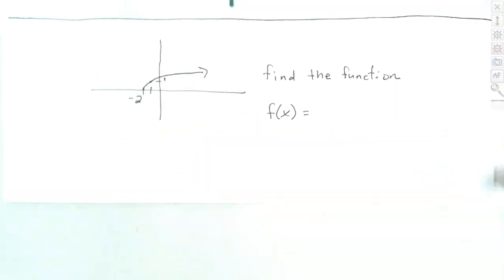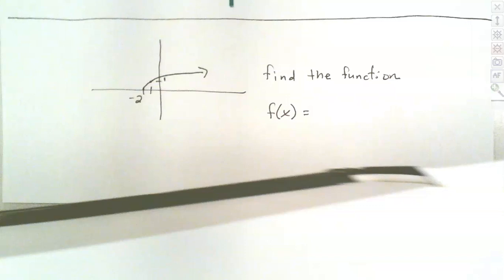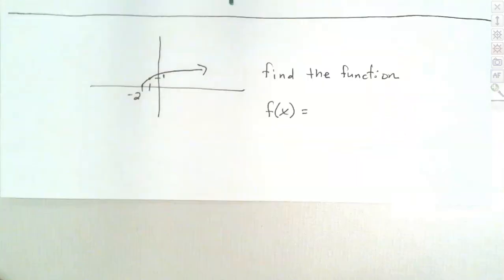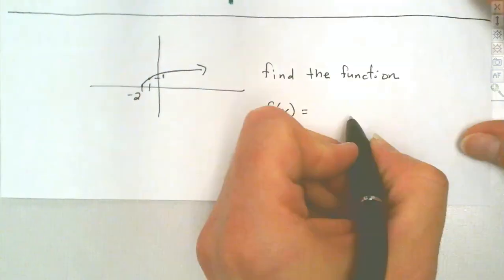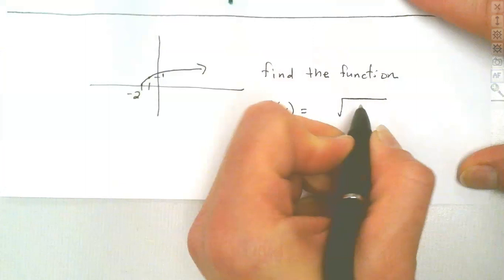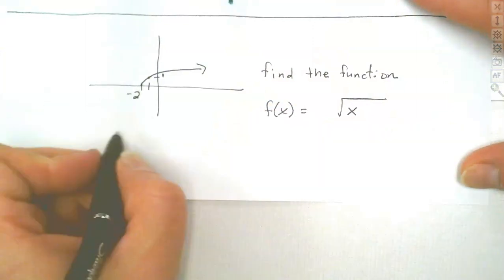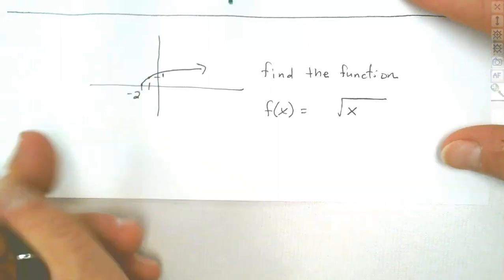Well, what function does it look like? If we go back and look at our common functions here, it resembles and it looks like the square root, okay? Now, what have we done with the square root? Well, we haven't moved that graph up or down, but what we did was we moved it to the left 2 units.